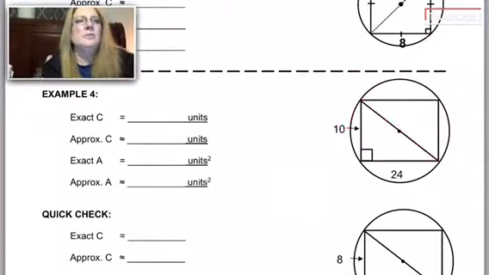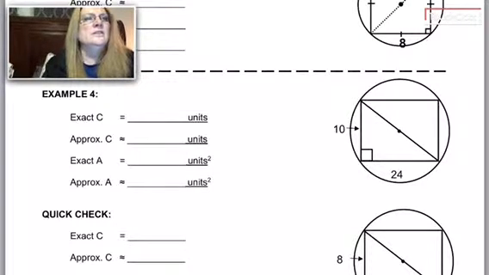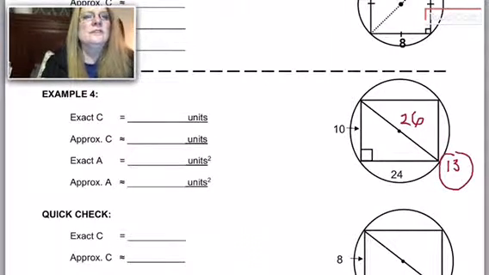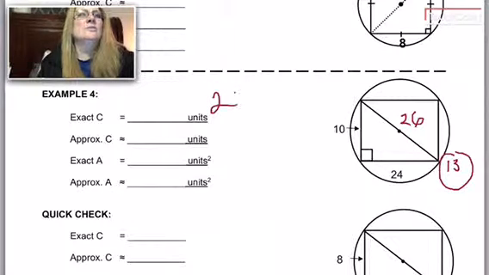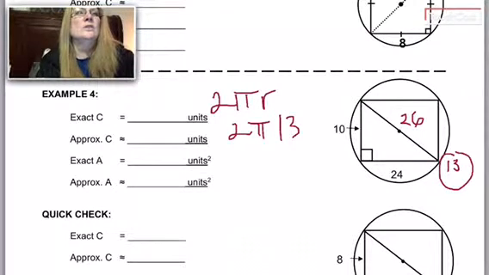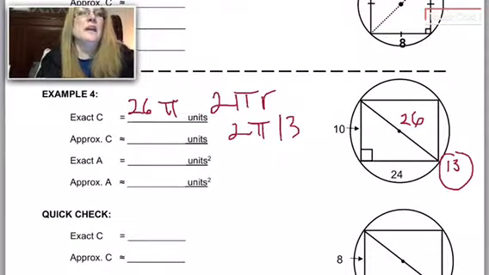So let me erase these parts here. So this is 26. So that's the diameter. So the radius is half of that, or 13. So my radius is 13. And so I have 2 pi r. So 2 times pi times 13 is 26 pi. We can put that in our calculator in a minute.